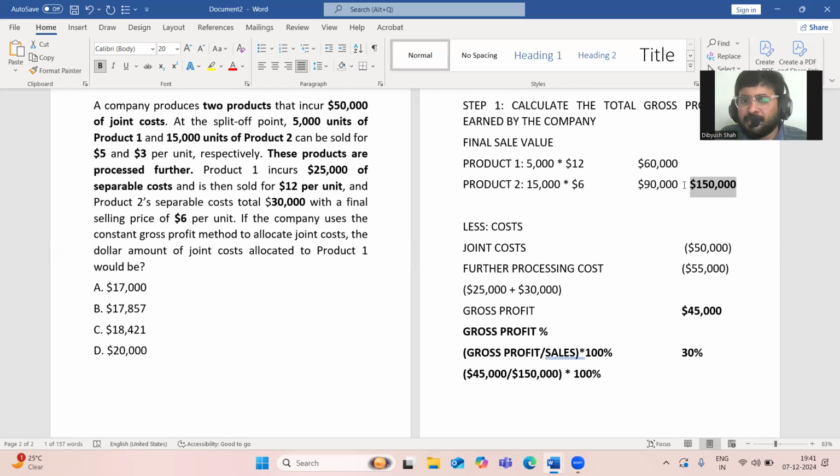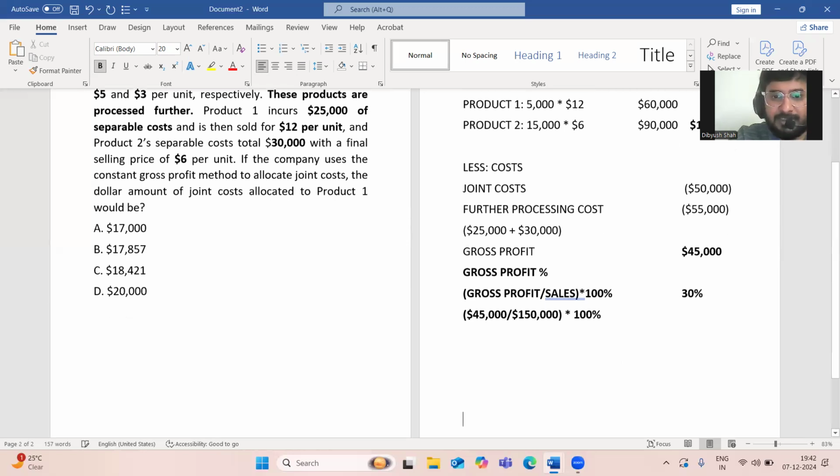First, I subtracted joint cost, $50,000. And then I subtracted separate cost, that is further processing cost, 25 plus $30,000, 55. So I got the gross profit that the company will make from this transaction, $45,000. And I calculated gross profit percentage, that is gross profit divided by sales into 100. So I got 30%.